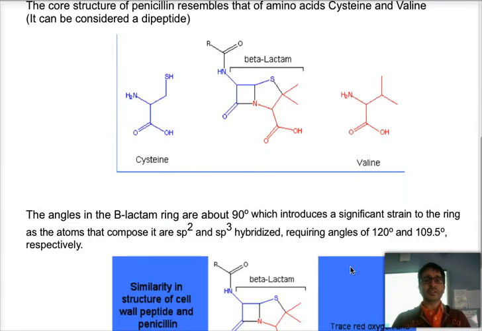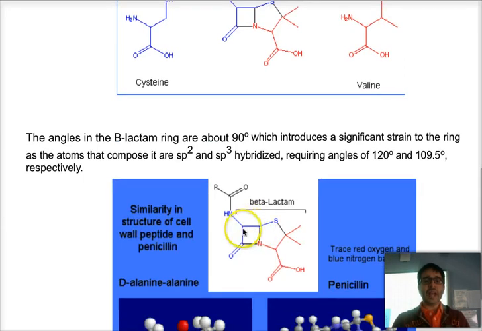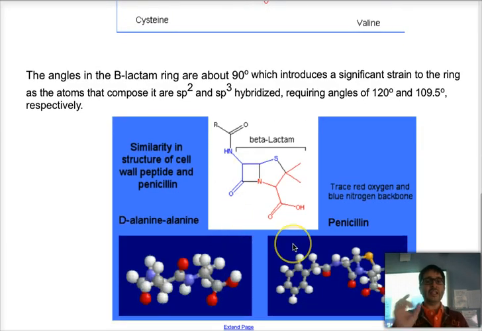So notice here that the beta-lactam ring is very highly stressed. It has 90-degree angles when the angles would prefer to be 120 or 109.5. Remember this from hybridization, from the angles when we talked about geometry.